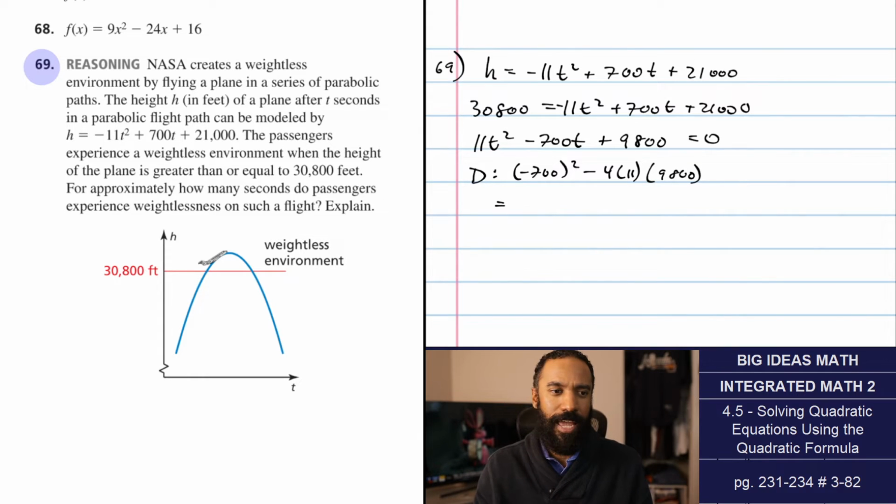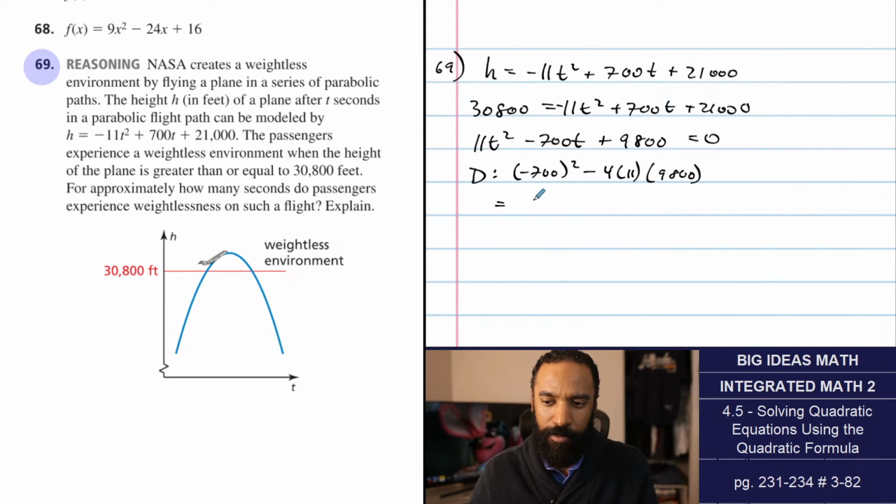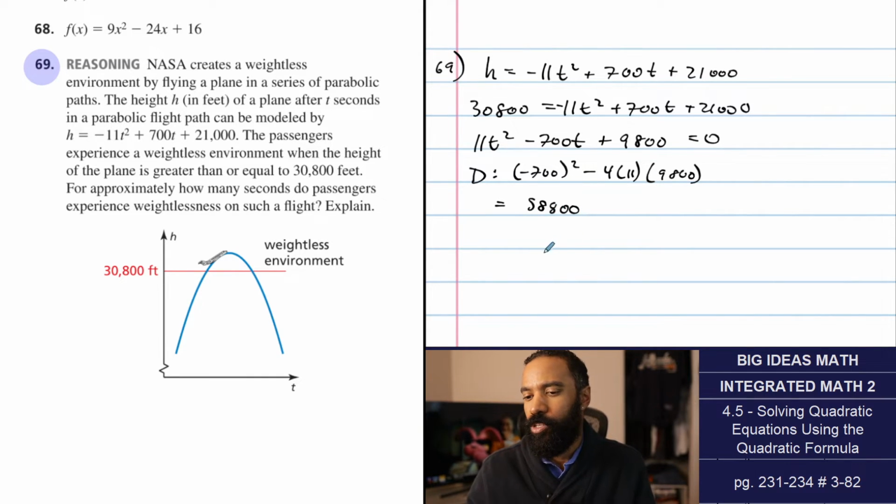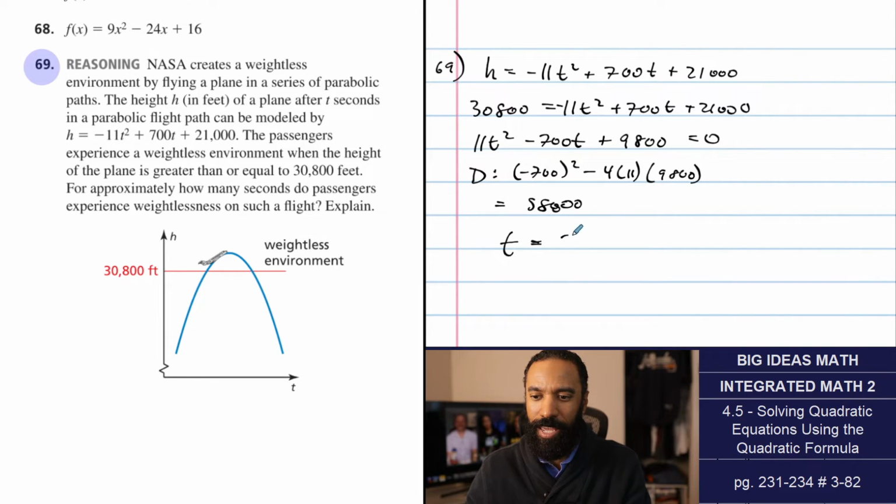So 58,800. I doubt that's a perfect square. So t equals negative b plus or minus the square root of b squared minus 4ac, all divided by 2a.